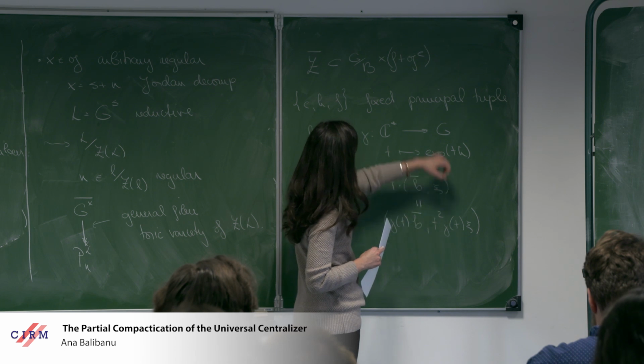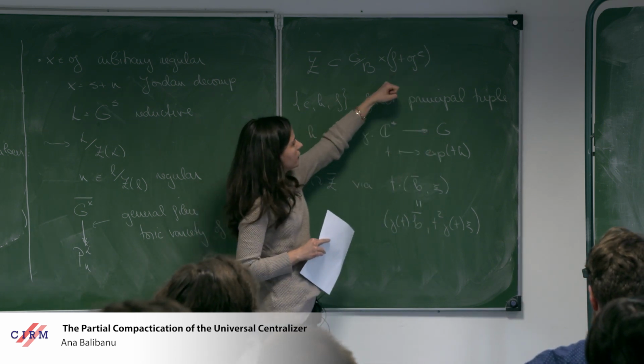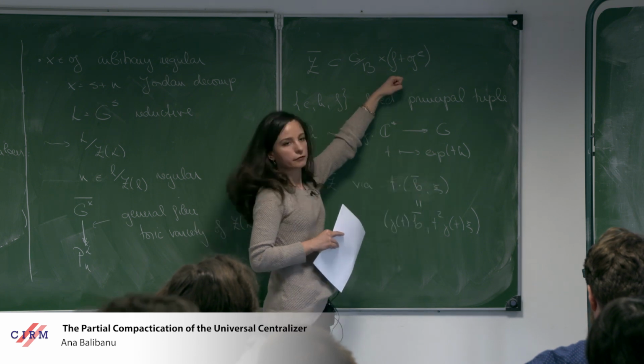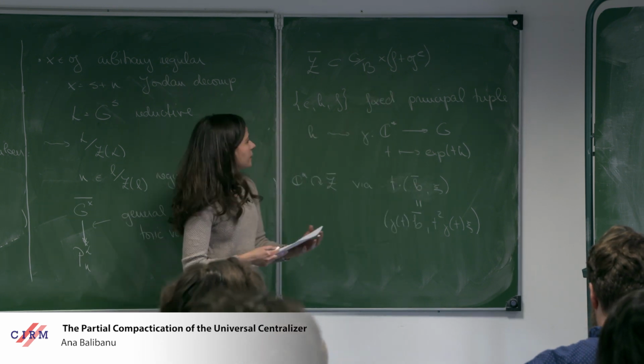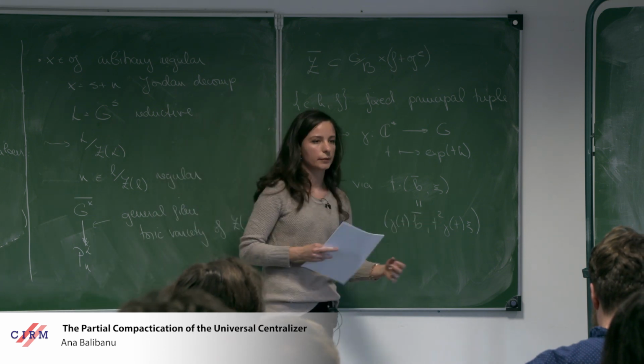So if you think about what's happening in the principal slice, when I act by gamma of t, this action is fixing f. Because when h acts on f, it acts with eigenvalue -2, but then this is canceled by this power of t.